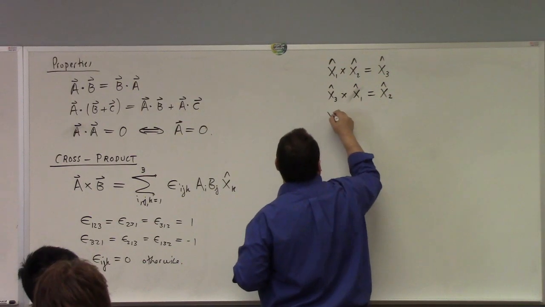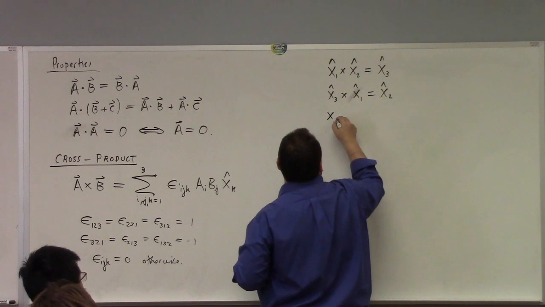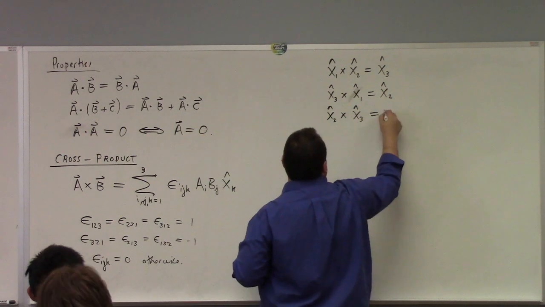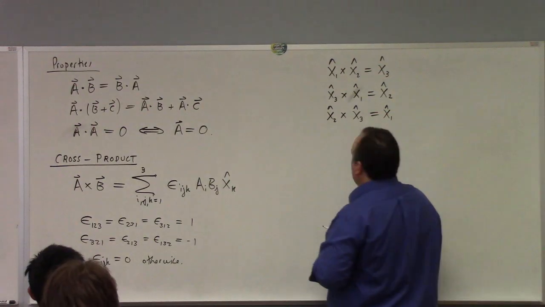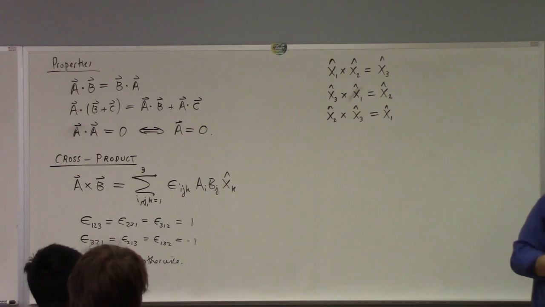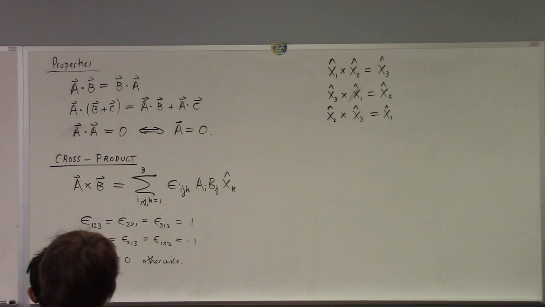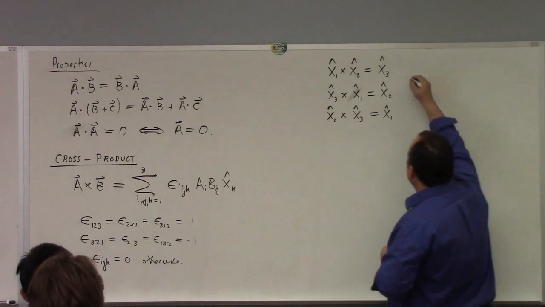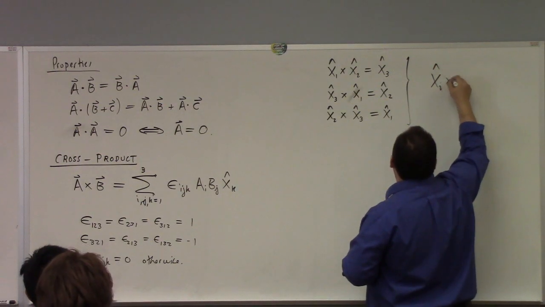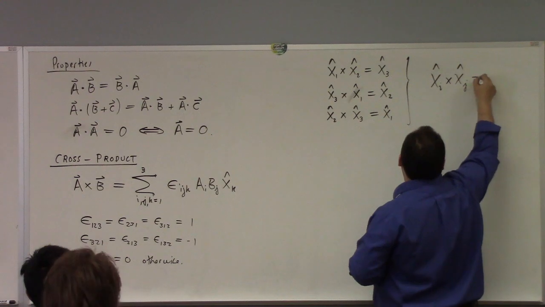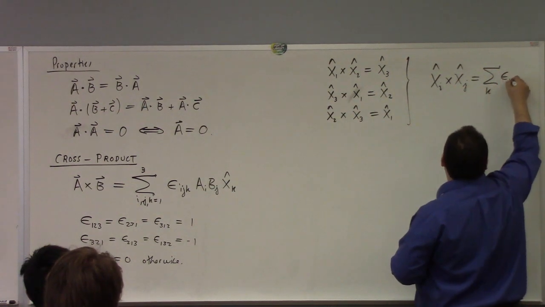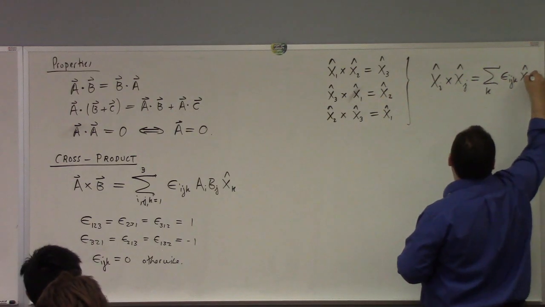Right? x hat 2 cross x hat 3 is x hat 1, right? You might recognize these more if I used i, j, k or something, but these are the standard cross product relations, right? I can express all of these by simply saying that x hat i cross x hat j is equal to the sum over k of epsilon i, j, k x hat k.